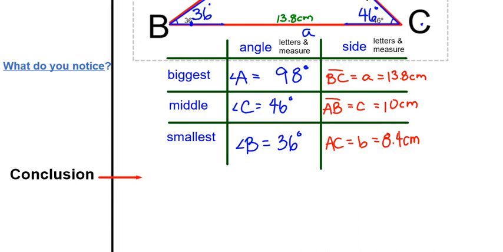And what we want you to notice is that the angles A, C, and B have a pattern on the sides. Notice we have A, C, and B. The order of the angles from big to small matches the order of the sides from big to small.